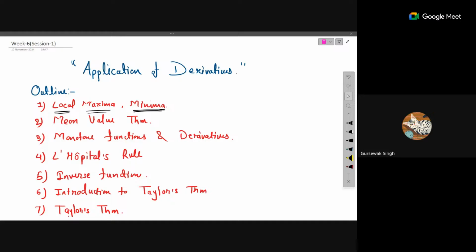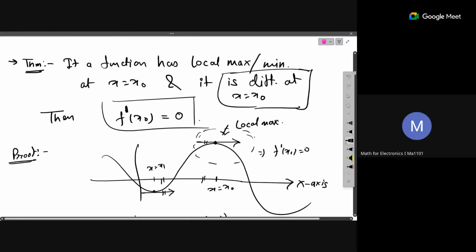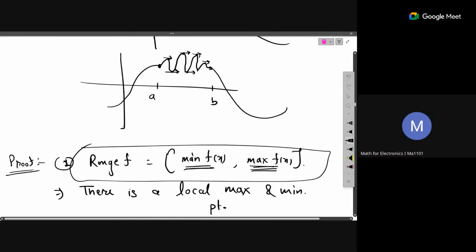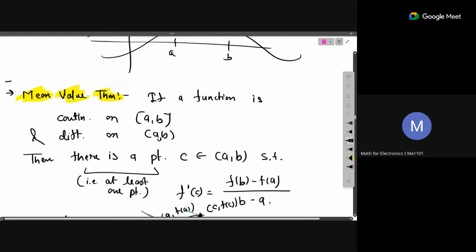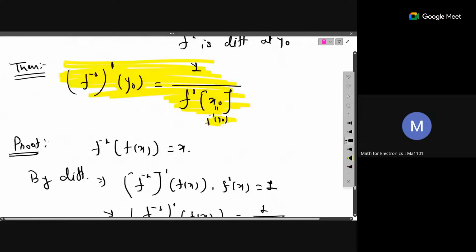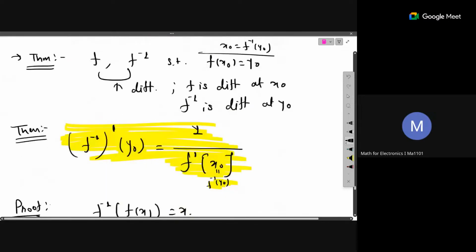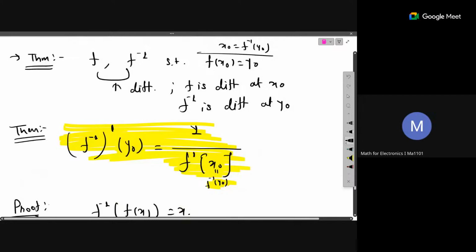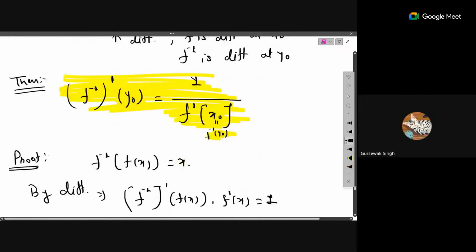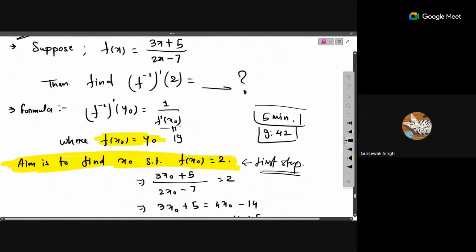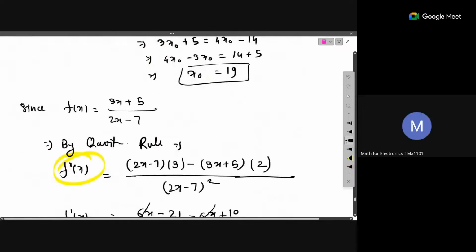Ma'am, can you go back to the inverse function derivative? Yeah, sure. Solution. This one. Can you go to the example that we did? Did I make any mistake?